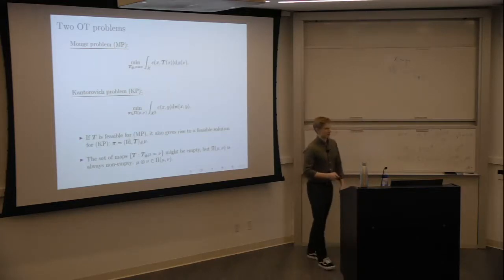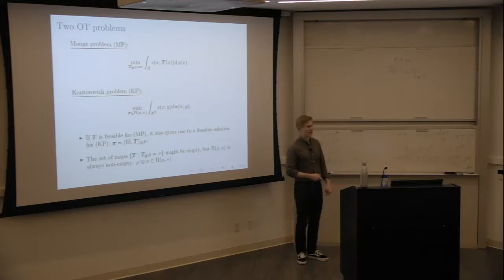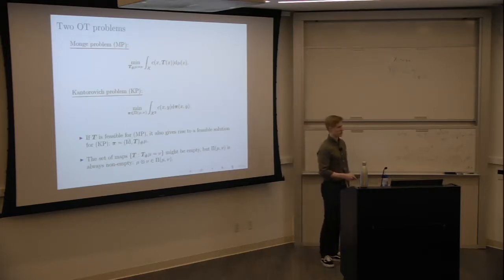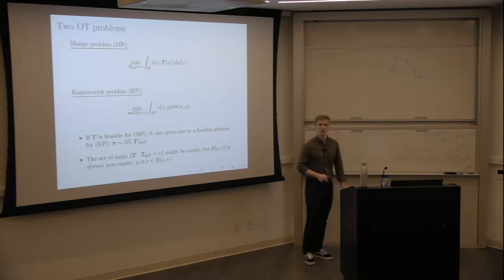All right, so we've already said a little bit about how these two problems relate. One thing to note is that if you find a feasible map for the Monge problem, that induces a feasible solution to the Kantorovich problem. You can take pi to be the push forward of the identity map and T of mu.